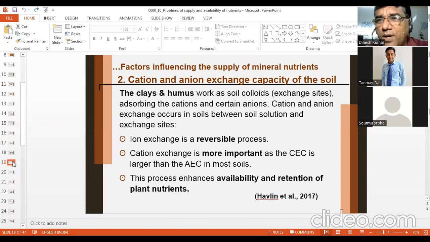So one point here I want to ask you: what is the double diffused layer? Double diffused layer. Anybody knows? Diffused, from diffusion. Double diffused layer. What is that?